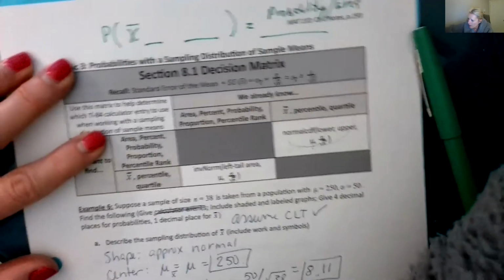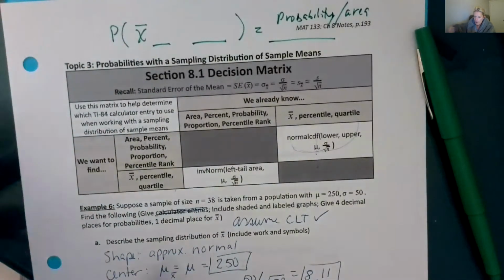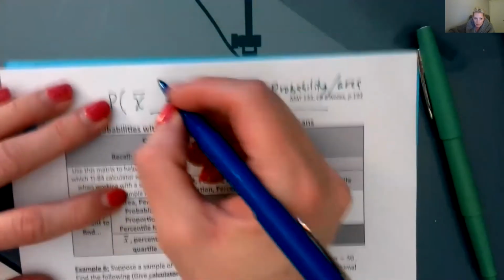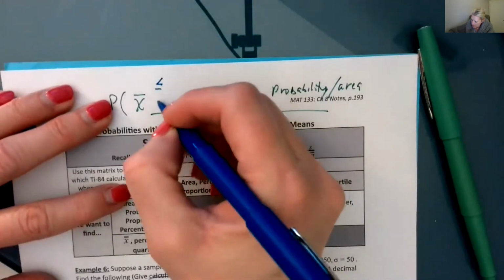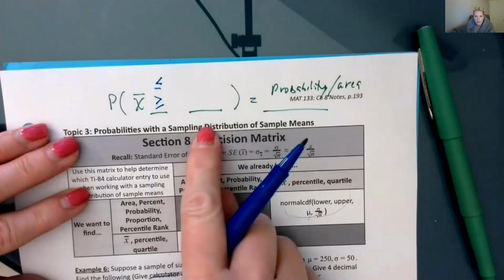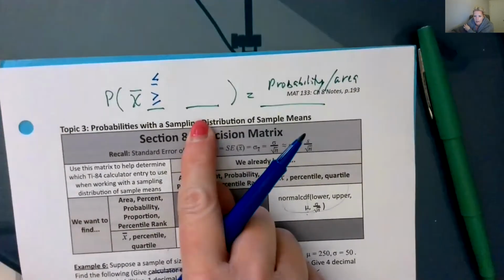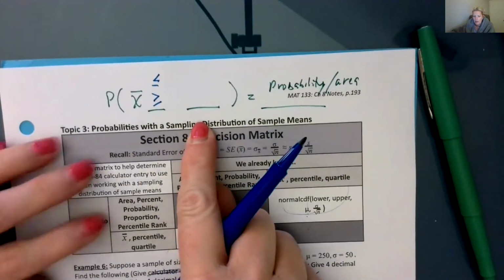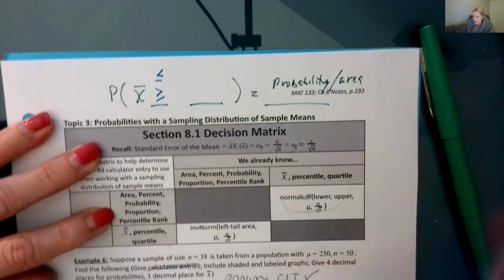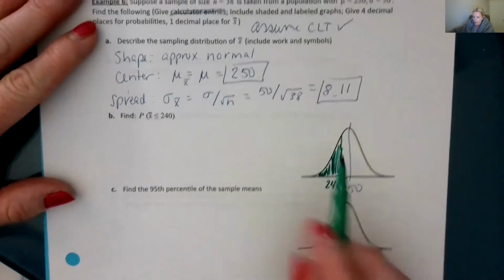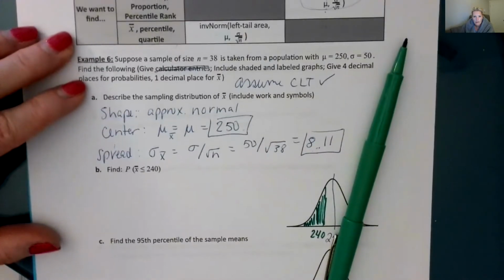And then our options for this are going to be less than or equal to or greater than or equal to. Remember, when we talk about continuous data, you can't have just an equal to. So we're looking for this area right here. So let's go ahead and check out StatCrunch.